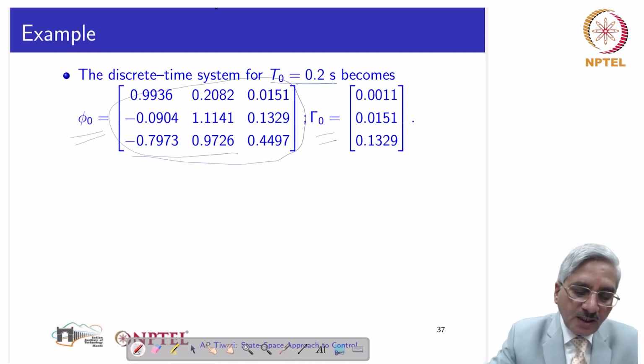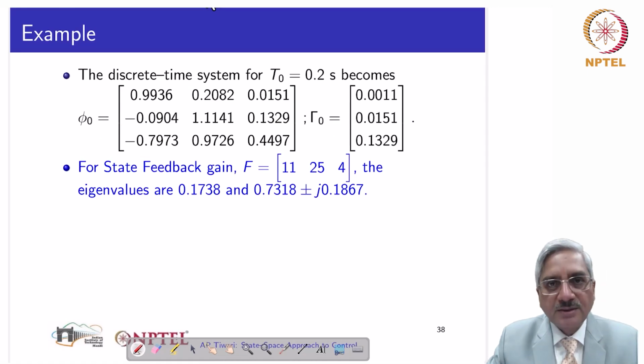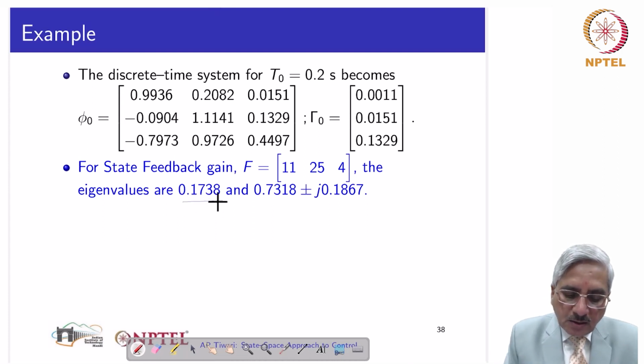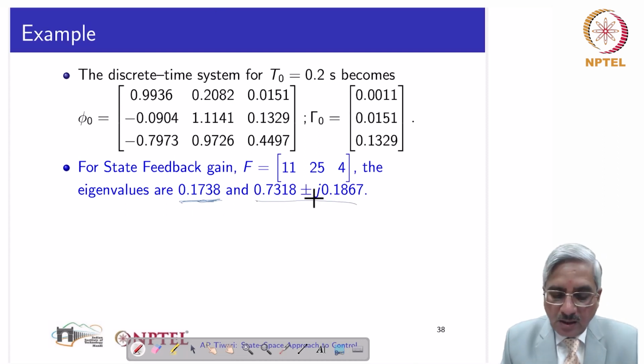Now for this we design a state feedback based on some considerations, either through pole placement or through LQR, and we see that the eigenvalues will be here. These are all within the unit circle for these gain values.